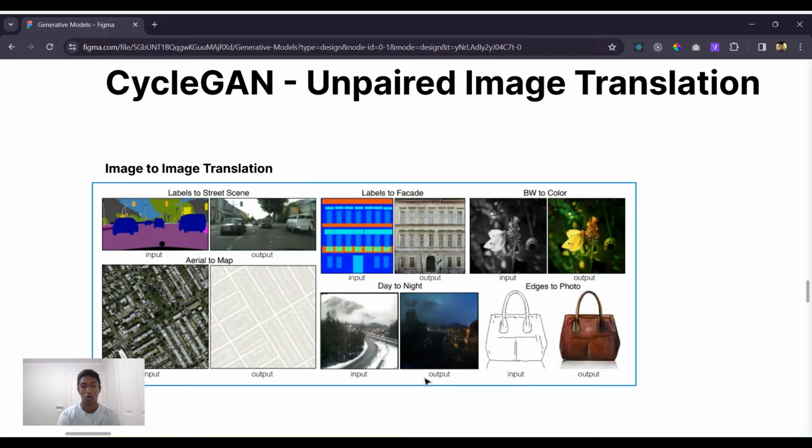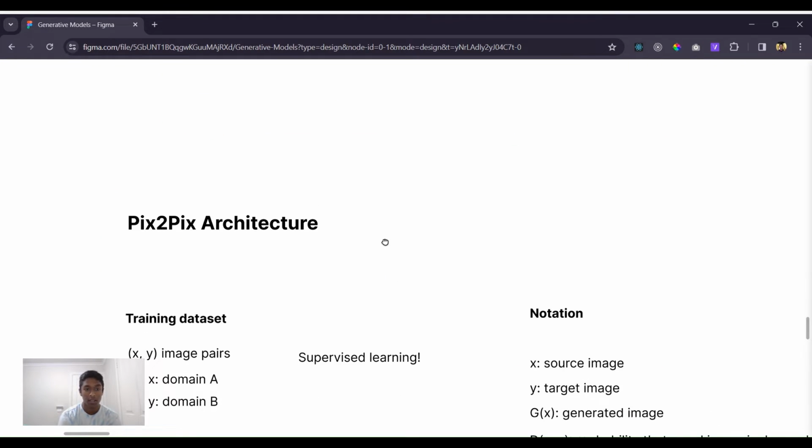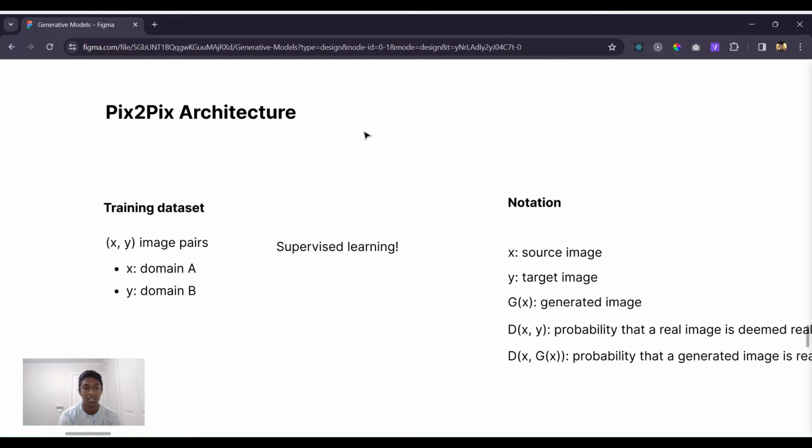So just to recap, we'll also go through the pix-to-pix architecture. The pix-to-pix architecture needs XY image pairs. And this is supervised learning because we have features, which is our X, and Y, which is our images in the other domain.